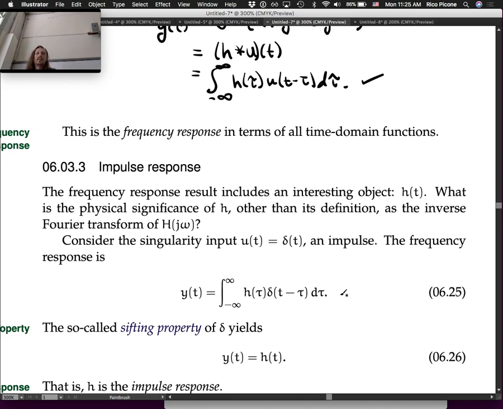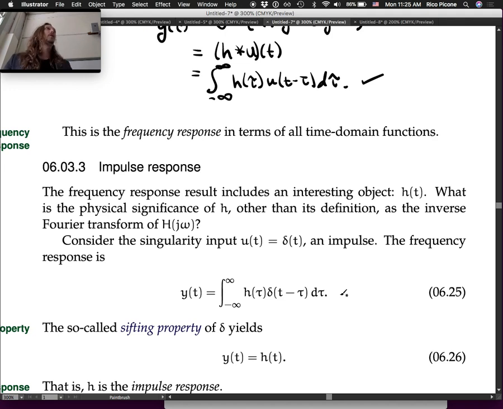Now, the Dirac delta function, remember it's not strictly a function, it's actually defined in this integral sense, and it's called a distribution. We often pretend it's a function though, and it behaves mostly like a function most of the time.